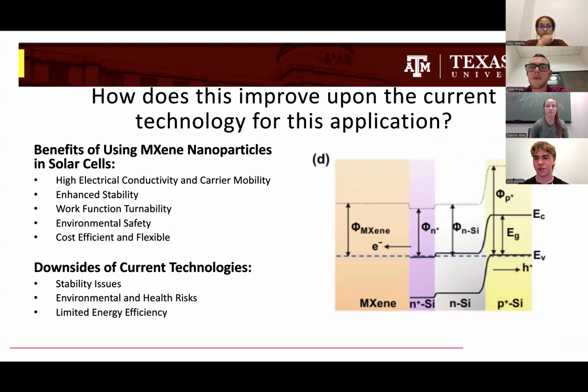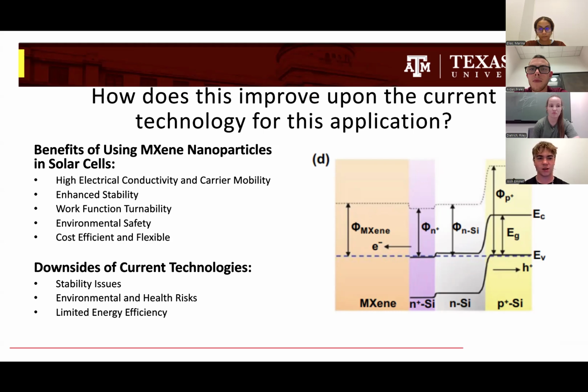This technology improves upon the current technology for the application in many different ways. Some of the benefits of using MXene nanoparticles in solar cells are that MXene has a metallic conductivity, so it has a high electrical conductivity and carrier mobility.